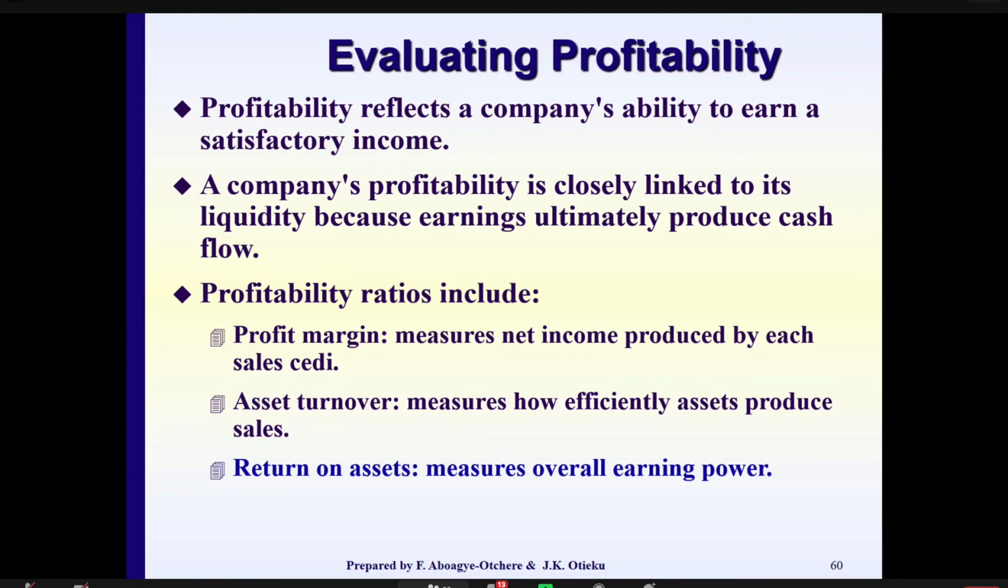Can you paint a scenario for us? Yes, especially when they are selling a lot of assets, machinery and those things, and converting them to cash to pay some of their current liabilities. Okay. Any others?